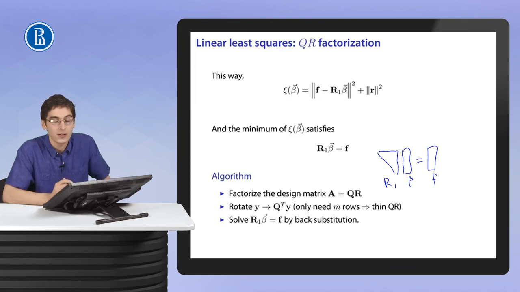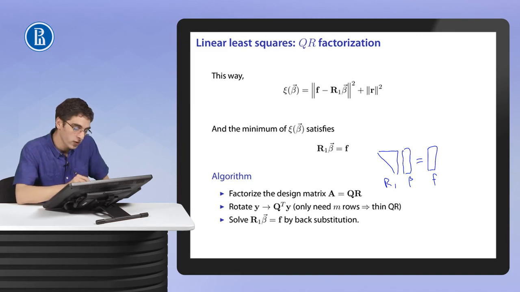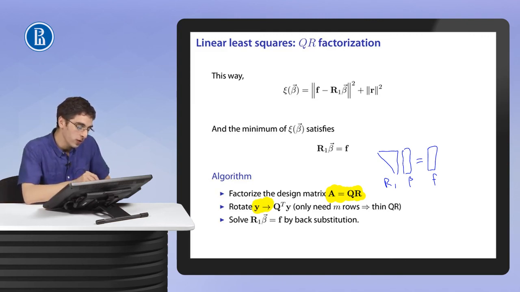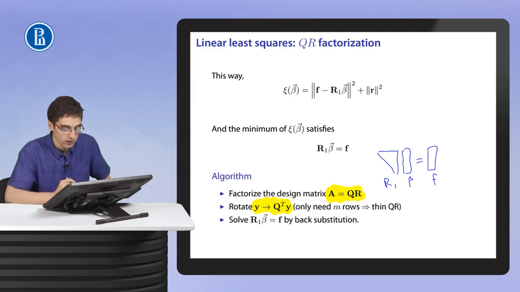So in a nutshell, the full algorithm for solving the linear least squares problem is like this. First, we factorize the design matrix into QR factorization. Then we rotate the observation vector by the orthogonal part. And notice that in the next step, we'll only need the first m rows of the result, which was f.